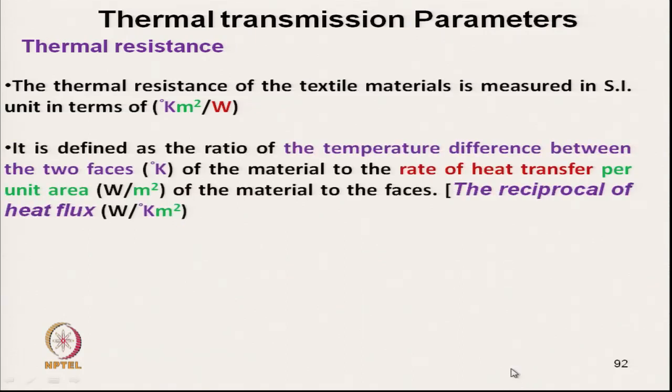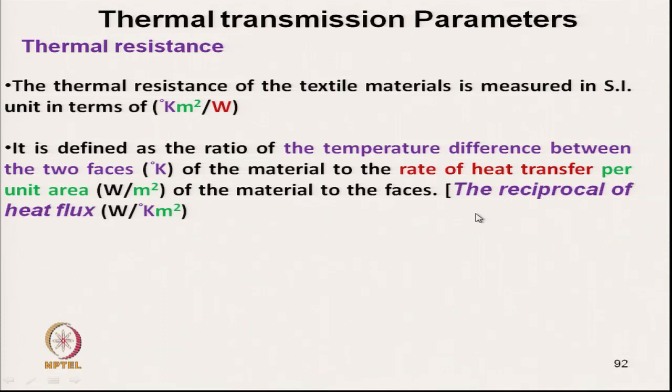It is defined as the ratio of the temperature difference between two phases of fabric in degree Kelvin to the rate of heat transmission in watt per square meter. That means, degree Kelvin divided by watt per square meter, it is coming as degree Kelvin square meter by watt.